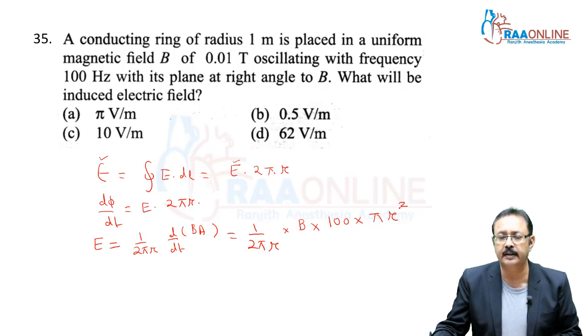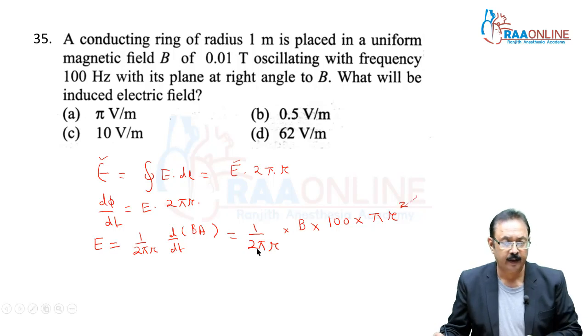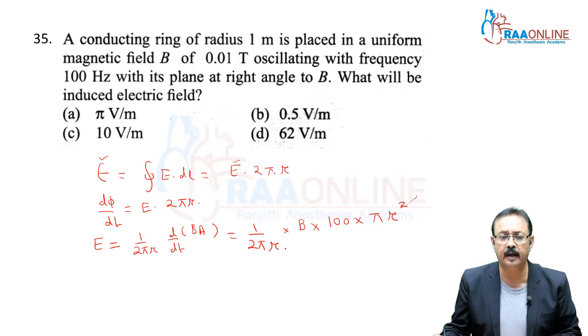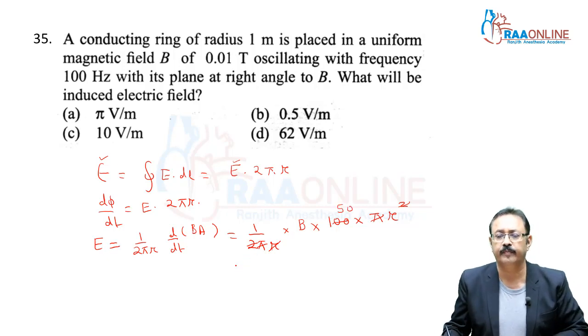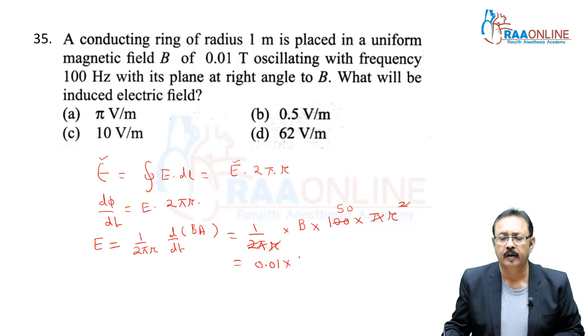So cancel this R with this R. Pi with pi. 2 with this 100. So we are getting 50 into B. B is 0.01 into 50, doing in SI unit.